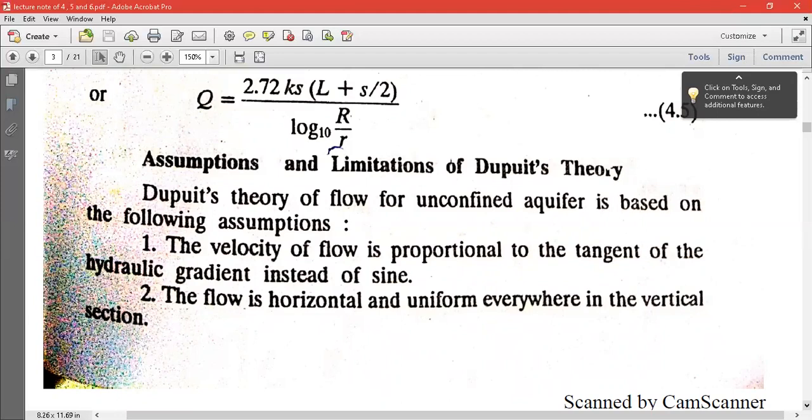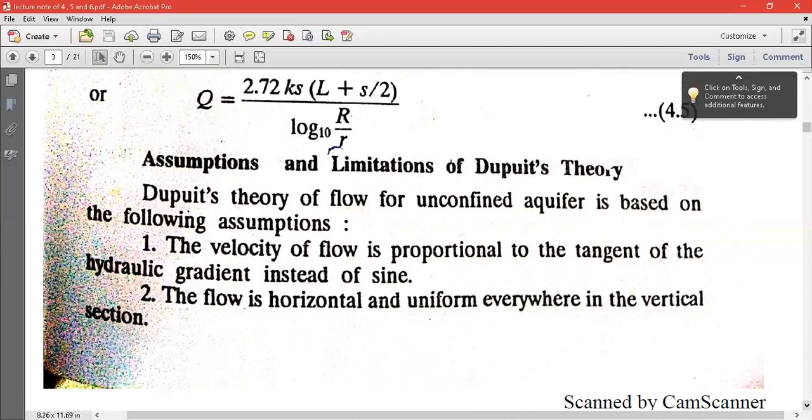You see the depression cone, that is the piezometric surface, the top surface itself. Practically it is parabolic in shape, but for convenience of our computation of the velocity, we have considered the tangent to the curve. That means the velocity is proportional to the tangent of the hydraulic gradient. So that is an assumption we have considered.